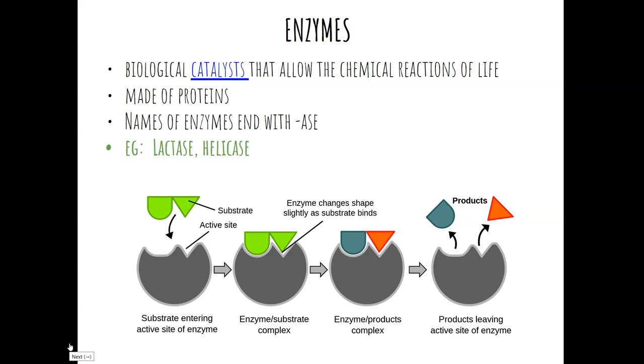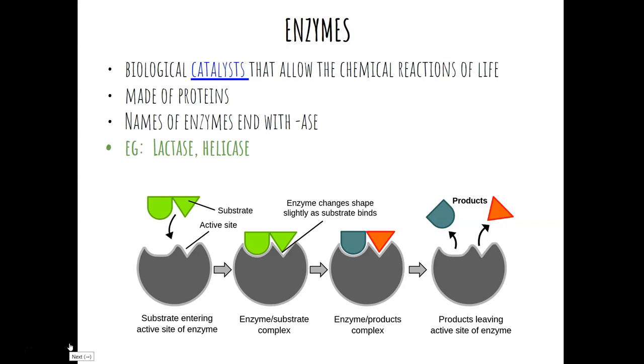You'll be able to recognize an enzyme because its name ends with the suffix "ase." For example, lactase is the enzyme that breaks down lactose sugar. Helicase is an enzyme that breaks down the hydrogen bonds between two sides of a DNA molecule.